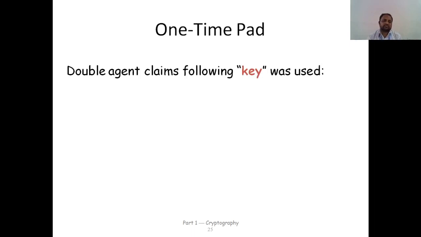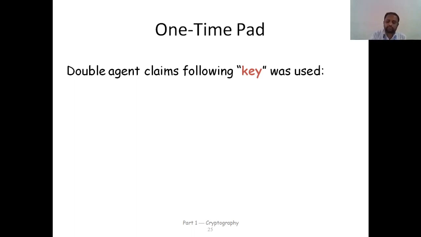Here the agent, a hacker, a double agent, claims the following key was used. Claims in the sense that the agent will assume this particular key was used for this particular encryption and decryption process.